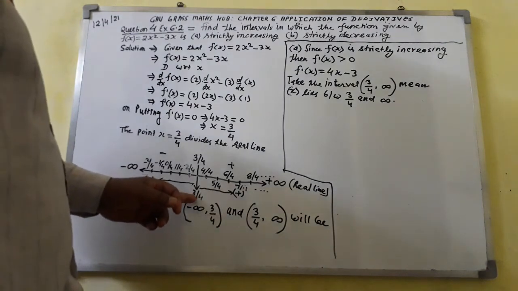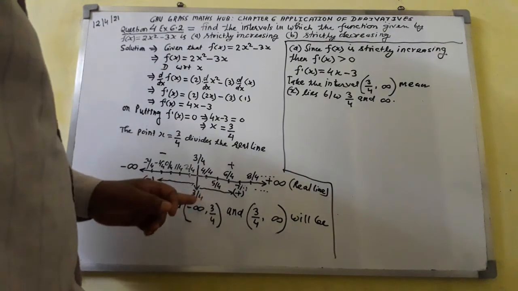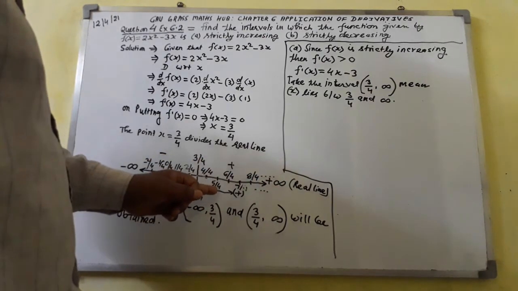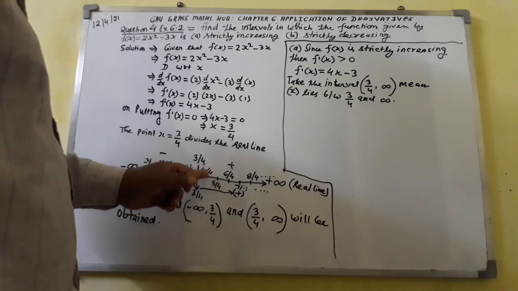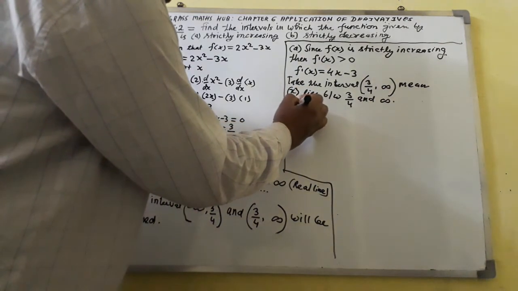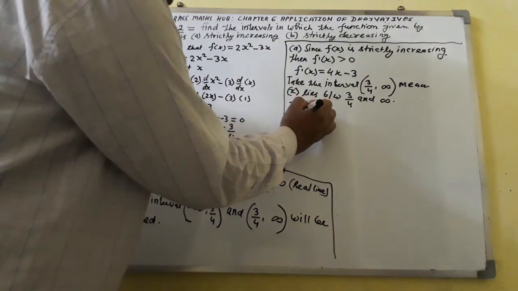Now 3 over 4 is here at this point and infinity is here. So in between I shall take any value. First I shall take the value 4 over 4. Here I shall write x equal to 4 over 4.